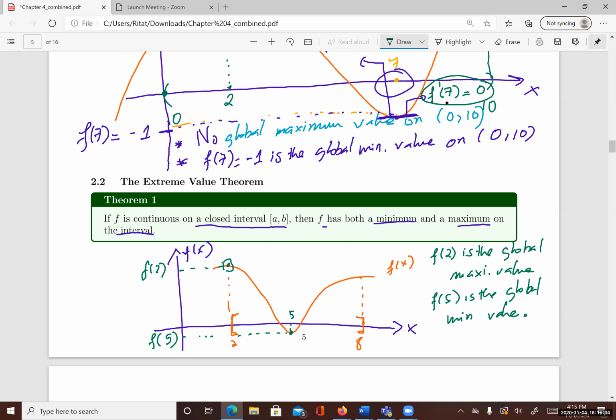So we found the two extrema, global maximum and global minimum. If we are given a function that is continuous on a closed interval, then make sure that you can find the two extrema values, the absolute maximum and the absolute minimum. All right.